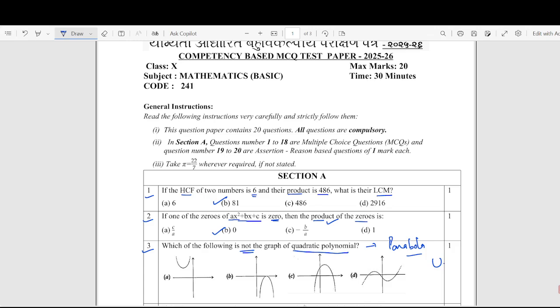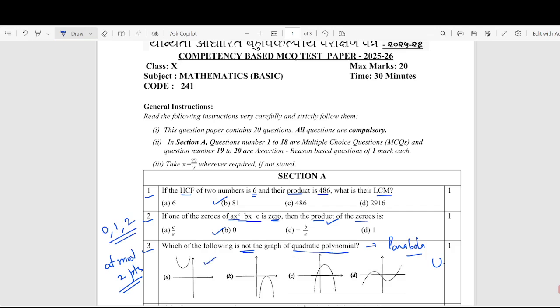We have one more property: the graph of a quadratic polynomial intersects the x-axis at most at 2 points. That means a quadratic polynomial can have a maximum of 2 zeros. The number of zeros can be 0, it can be 1, and it can be a maximum of 2. It cannot be more than 2.